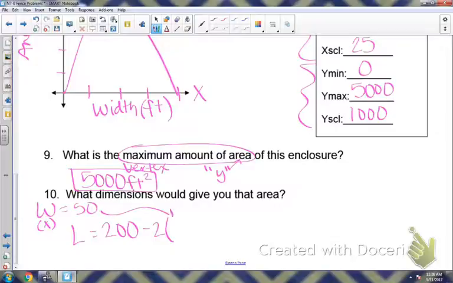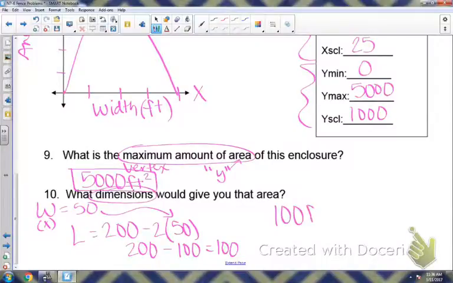And x was 50. So that would be 200 minus 100, which gives you 100 for your length. So remember on the front, when you're finding dimensions, I talked about I want your larger one to be first. So 100 feet by 50 feet. So that way your length is first when you're writing your dimensions.